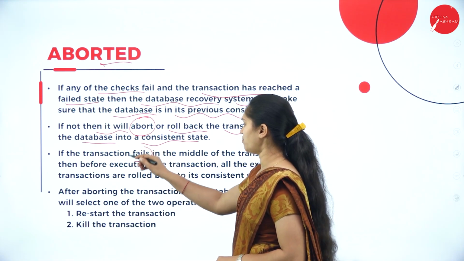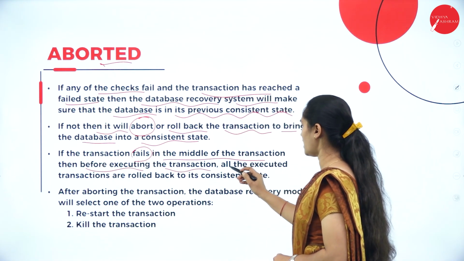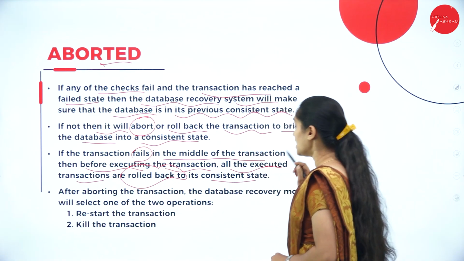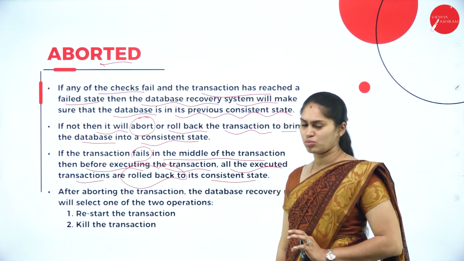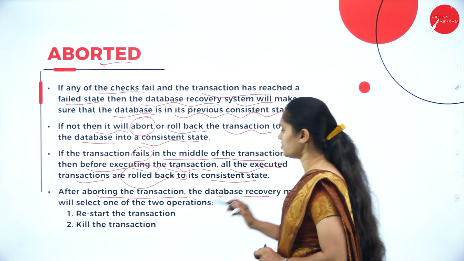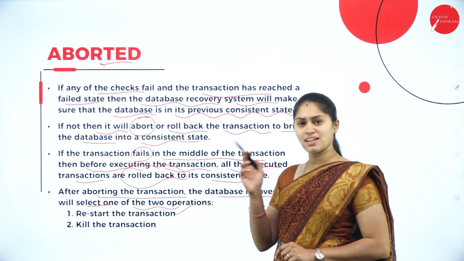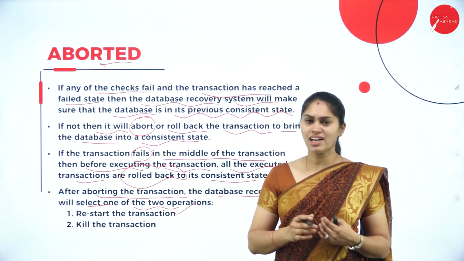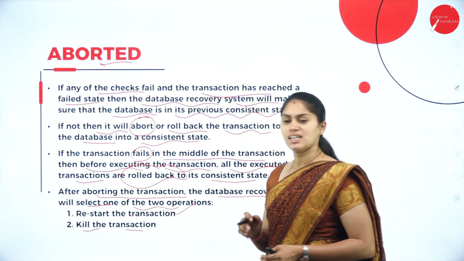If the transaction fails in the middle, then all the transactions executed before are rolled back to the consistent state. Very, very important point for the aborted state. After aborting the transaction, the database recovery module will select one of two operations. It has to restart the transaction. Whenever you give a wrong password, you may start from the first transaction itself, or else you can kill the transaction.